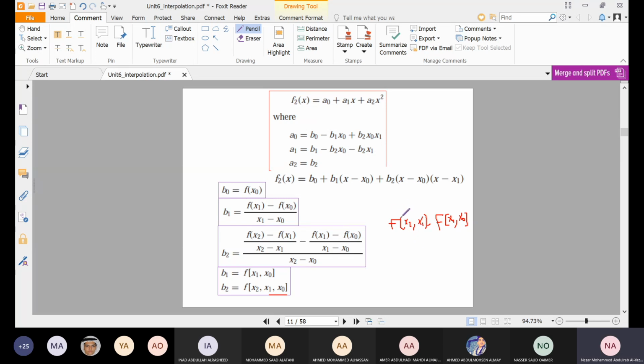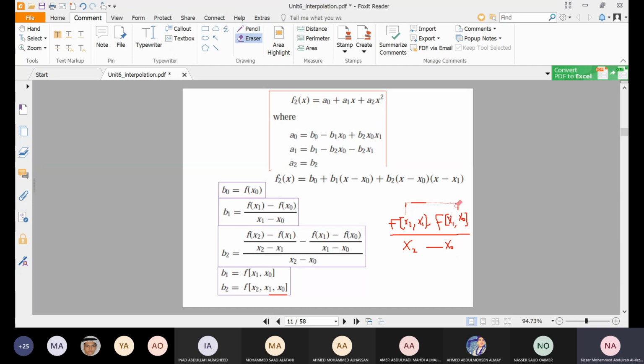So it is the divided difference of x2, x1, minus the divided difference of x1 and x0. Over here we take the maximum run, going from x2 to x0. The maximum run we take here.